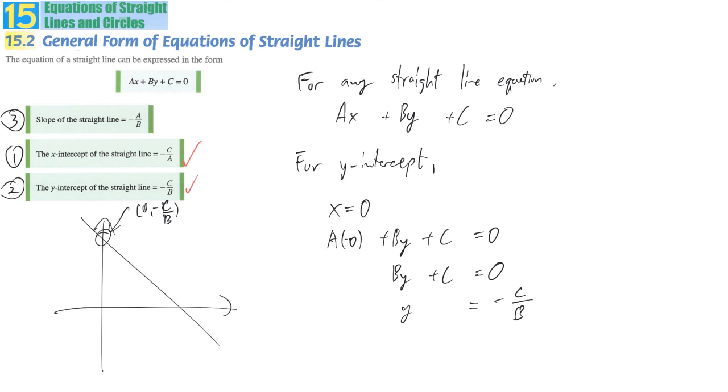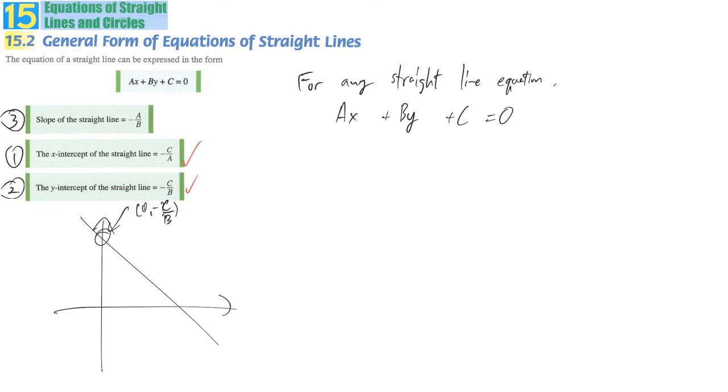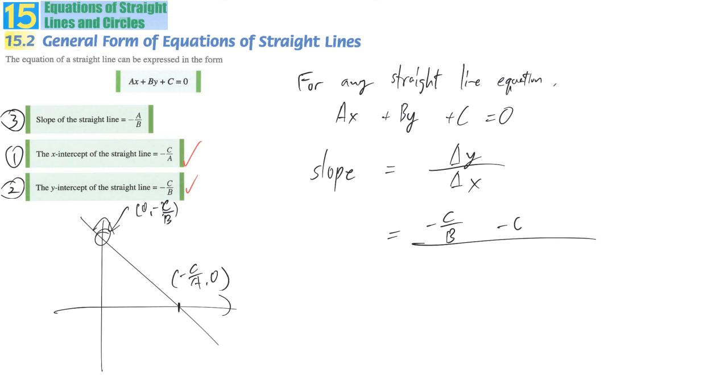Now the last one. We have the x-intercept, this point is negative c over a, and the height is 0. We also have the y-intercept point. So we have 2 coordinates, and then we can find the slope. Slope is equal to change of y divided by change of x. Change of y, if we use this point minus this point, is negative c over b minus 0.